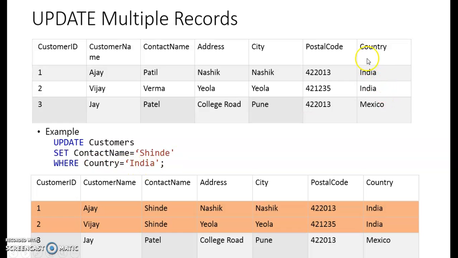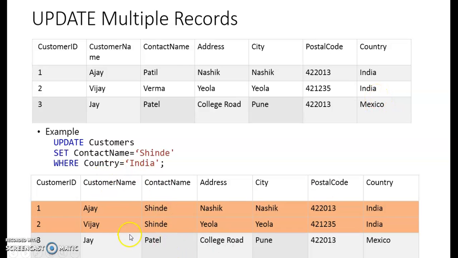Now if we see about India, the country column, there are 2 records where country is India. So both of the records will be matched over here. So here the value of the contact name will be updated 2 times. For the first time for the customer ID 1, because their country is India, and another one for the customer ID 2, because there is also country India.